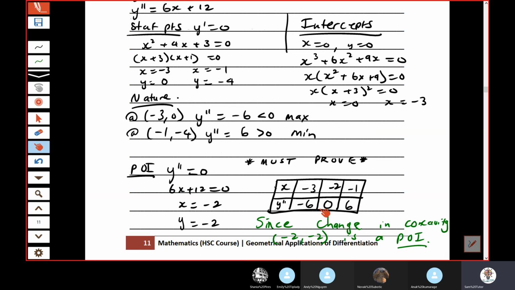If it doesn't work, which means there was no change in concavity, then you go back up here and have to do it through the Y dash table. We'll see questions like that. And then you proved it, there was a change in concavity, done. Sketch a graph, 10 marks.